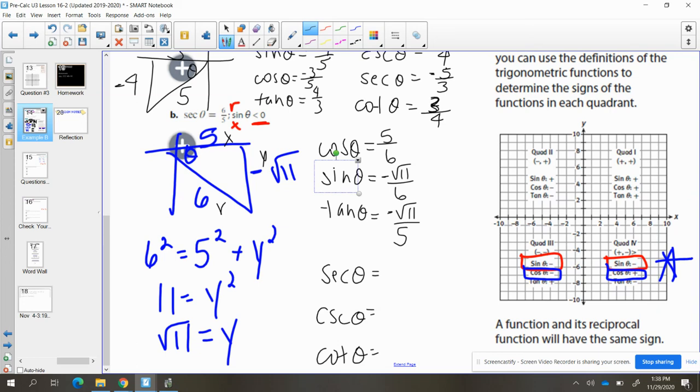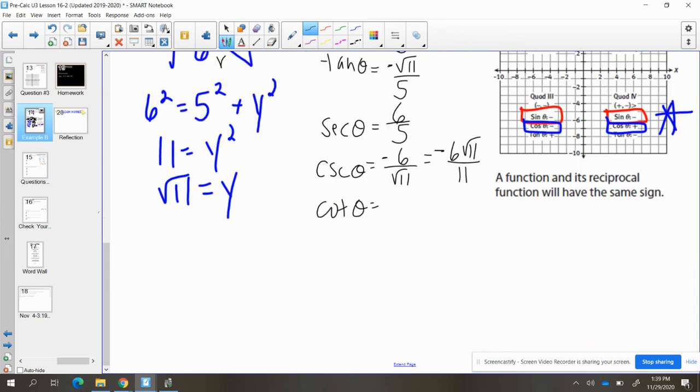So the opposite of the cosine now is 6 over 5, which is good. They actually told us that one. And then the opposite of the square root of 11 over 6 is 6 over square root 11, which we know we will have to rationalize.